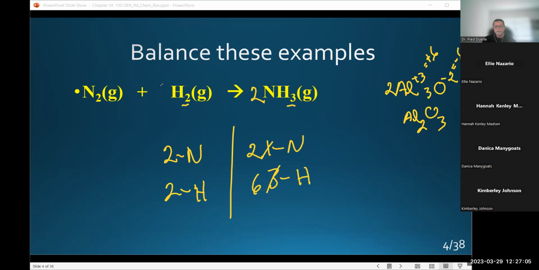Well, let's do the same on the other side. When I put 3 as the coefficient for hydrogen gas, that kicks up my hydrogens total to 6. And guess what? We now have a balanced chemical reaction.